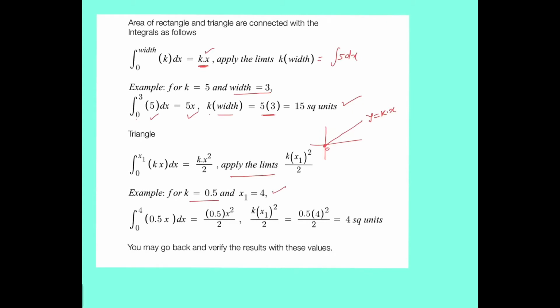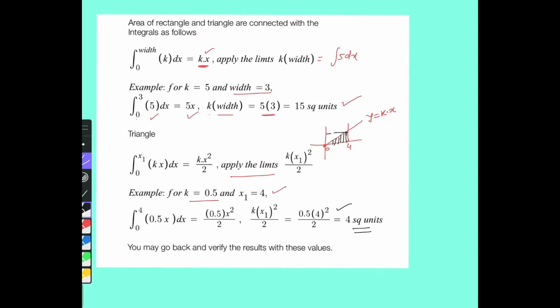You can see from the example, 0.5 times 4 square over 2, so it's 4 square units. And we can verify these things, like you can draw these shapes and then integrate the line with respect to x, substitute the values, so definitely we can make the connection here.